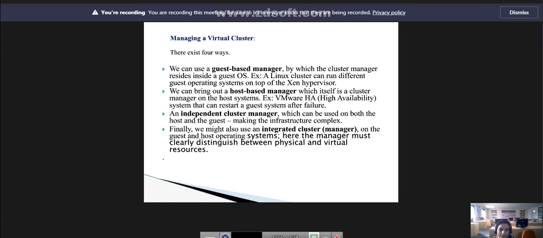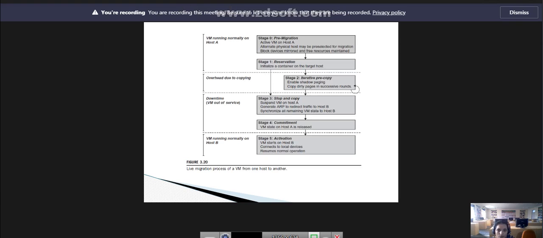An independent cluster manager can be used on both the host and the guest, making the infrastructure complex. Finally, an integrated cluster manager on the guest and host operating system. Here the manager must clearly distinguish between the physical and virtual resources. So this is the diagram of the live migration process of a virtual machine from one host to another.